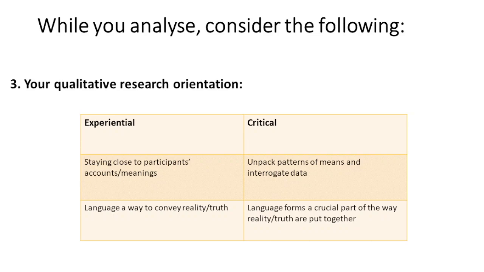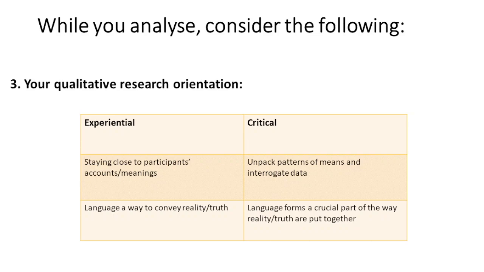And you can find these under page 158 of their book. So language here is critical to think about, the use of language. Language here within the critical orientation is not a way to convey truth or reality. Rather, it forms a crucial part of the way truth and reality are put together.